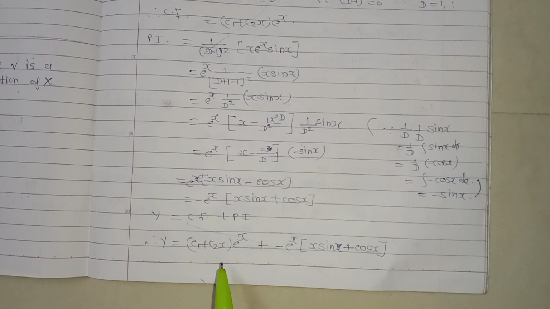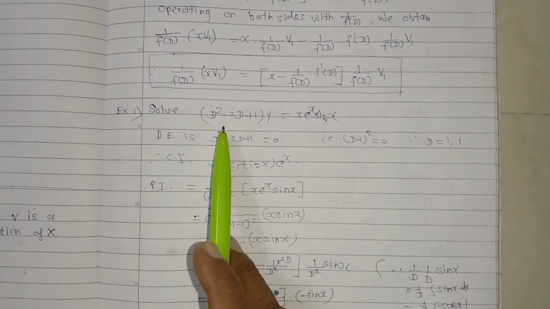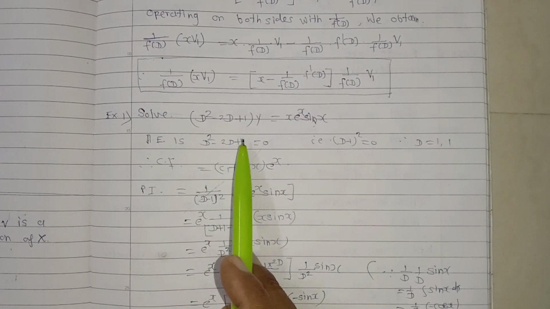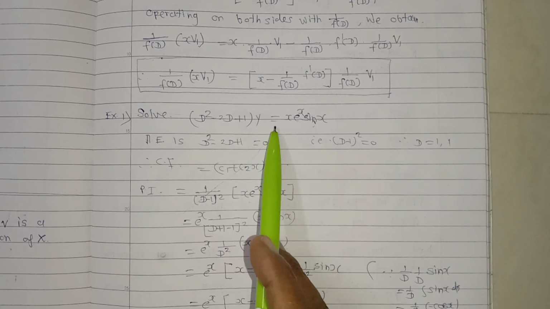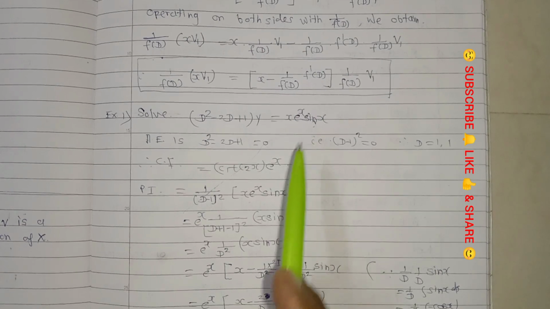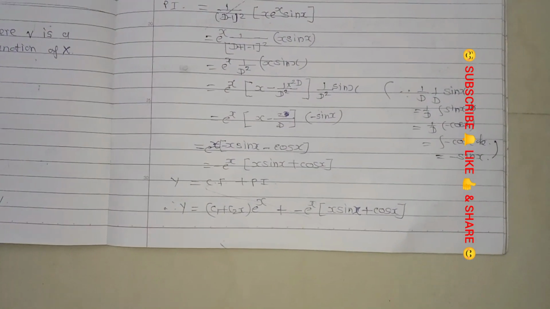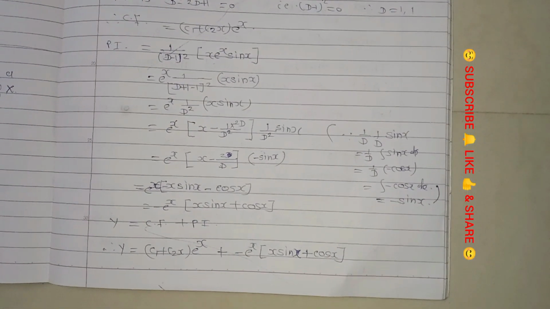This is the complete solution of the equation D square minus 2D plus 1 in bracket into y equal to x e raised to x sin x. So we have obtained the complete solution of the given equation. Thank you.